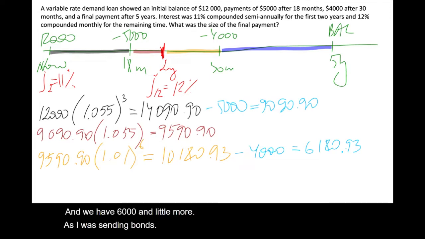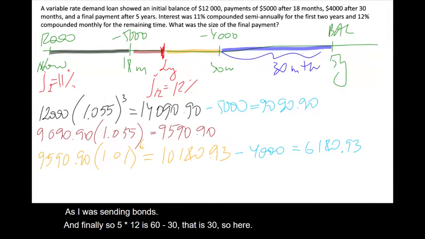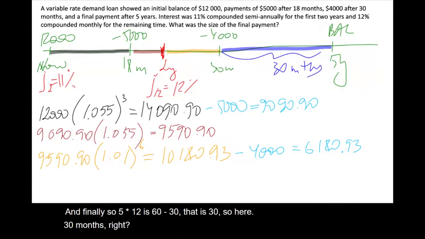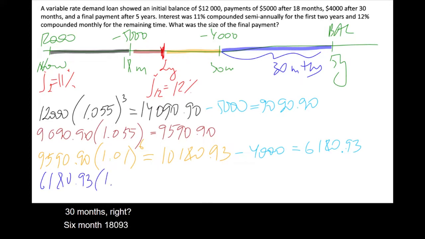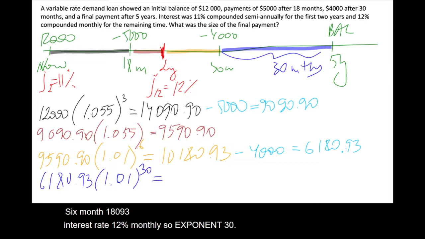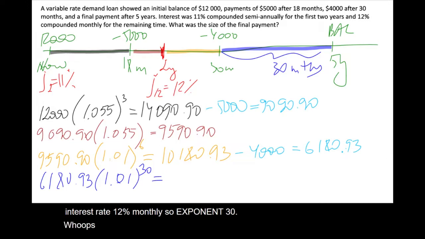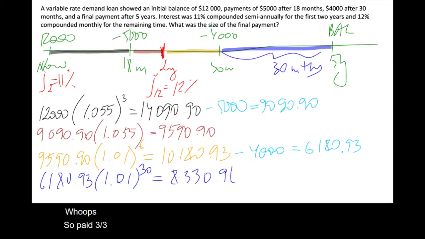And finally, 5 times 12 is 60 minus 30, that is 30. So here, 30 months, right? So 6,180.93. Interest rate 12% monthly, so exponent 30. Oops. So 8,330.96.